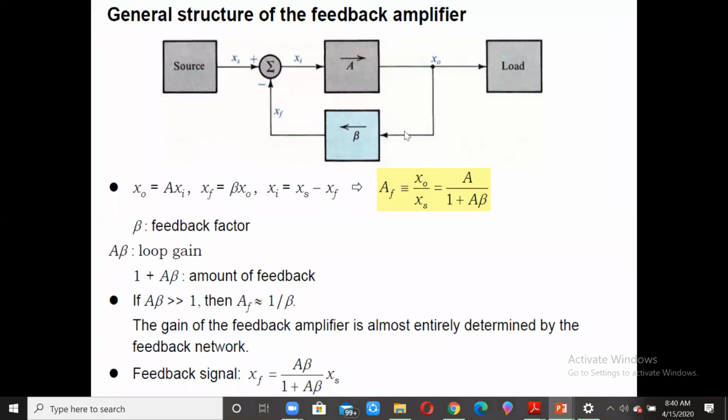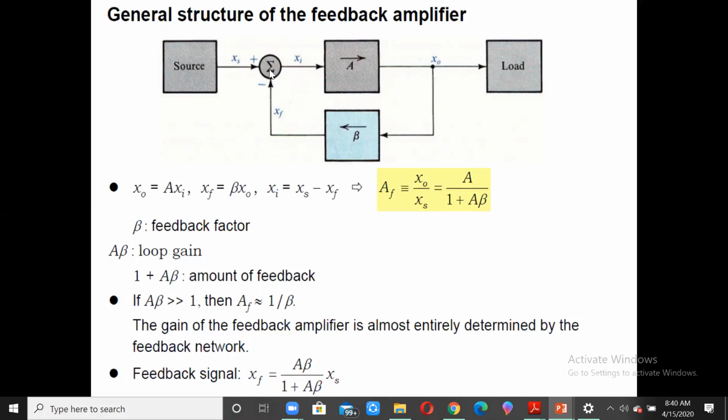The general structure of the feedback amplifier is shown over here, where we have an amplifier and a feedback network with a load and the source. We sample or take out some of the output and multiply it with the feedback factor beta, and whatever we get is the sampled output.